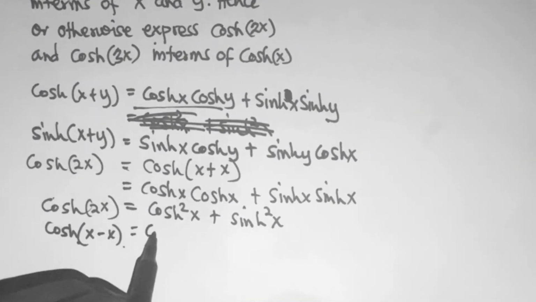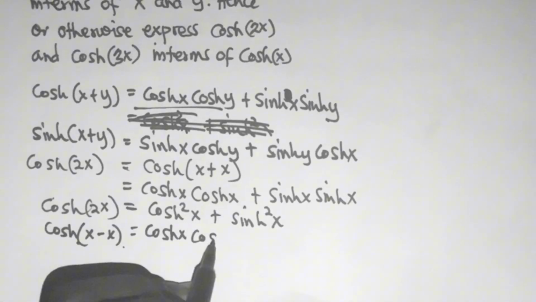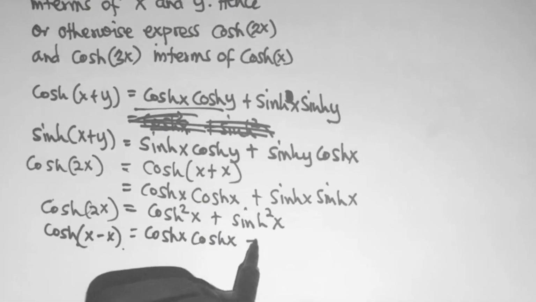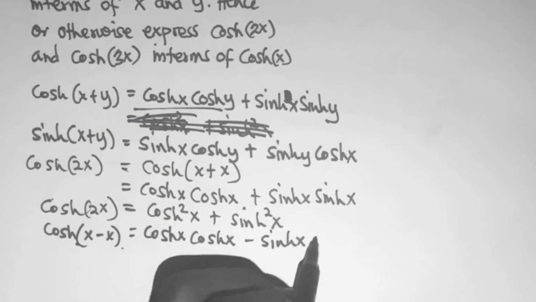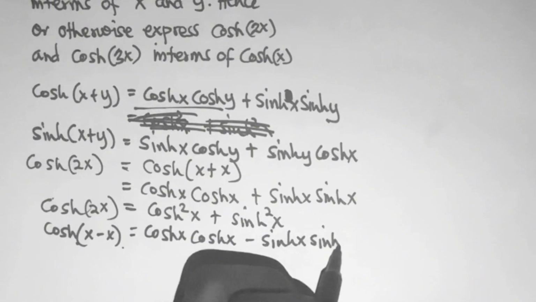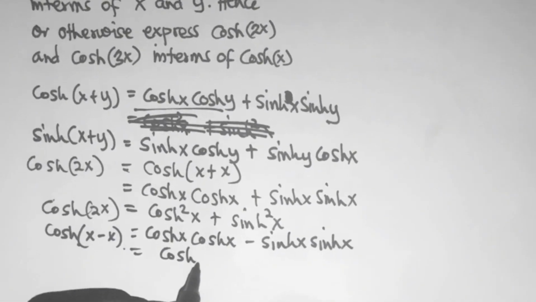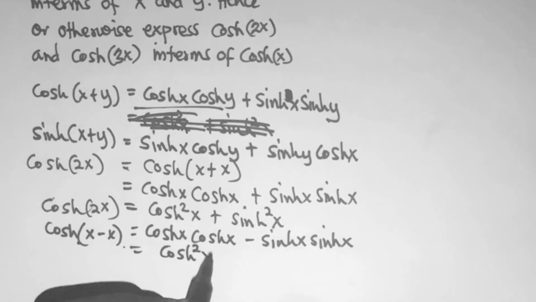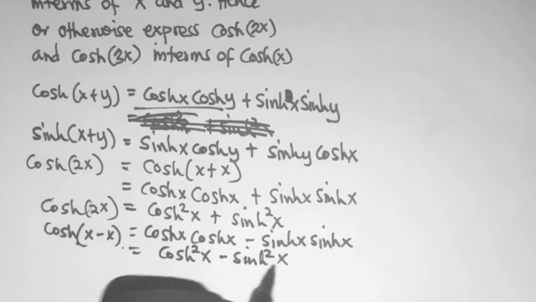Let's do the expansion of cos of bracket x minus x. That is equal to cos x cos x minus sin x sin x. That is equal to cos squared x minus sin squared x.